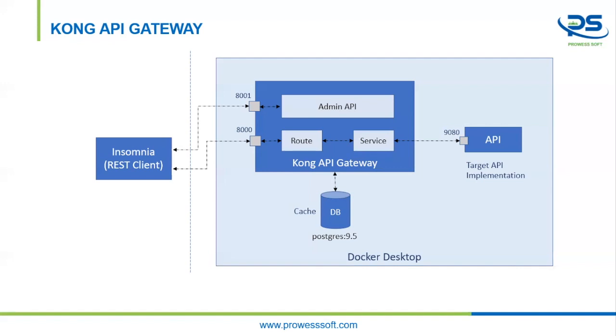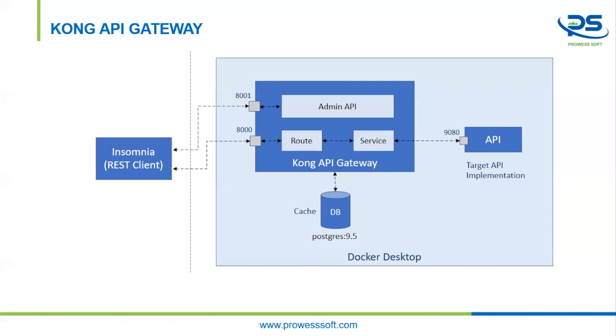It is important to note that in case of Kong API gateway, a service cannot be directly accessed by an external system or even a REST client here. Routes are like the doorway that can be used to connect to a service.